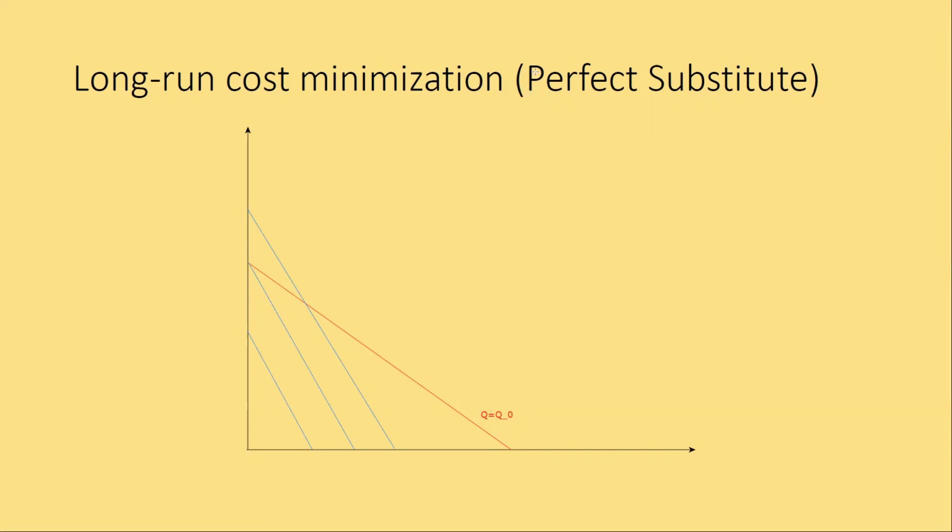Okay, let me adjust the graph a little bit. So let me adjust our isoquant so that it is not as flat, which will make my drawing easier. All right.